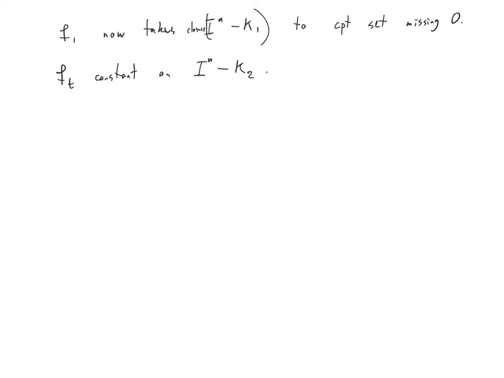Okay, well, what we know is that by construction, we had this ordering of sets, right? So we had F inverse of B2 containing but not equaling K2, containing but not equaling K1, containing but not equaling F inverse of B1. So what we do know is that I^n minus K2 does not intersect B1.